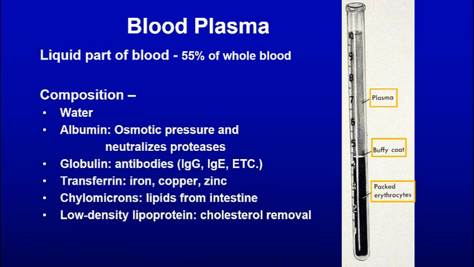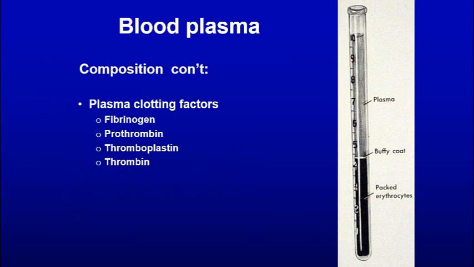It has chylomicrons, which are lipid components that are put into the bloodstream in the intestines and dumped out the lateral borders of the intestinal cells. Low-density lipoprotein is for removing cholesterol as well.